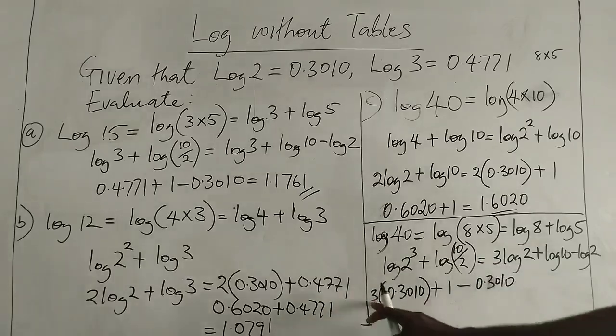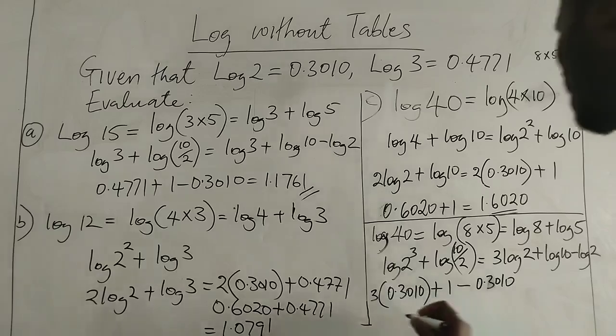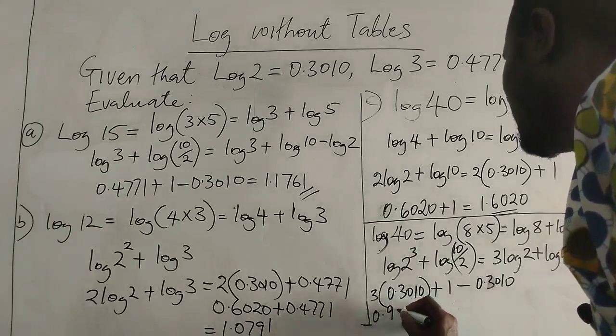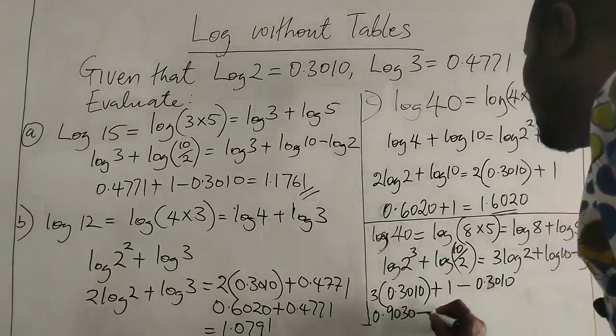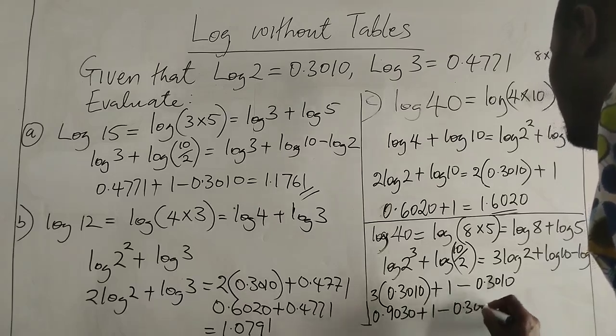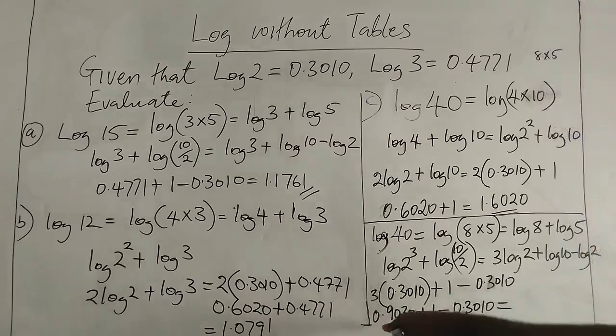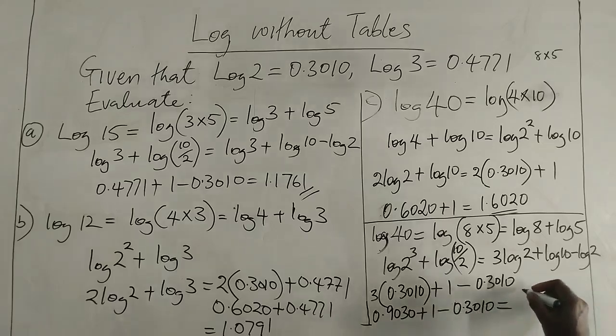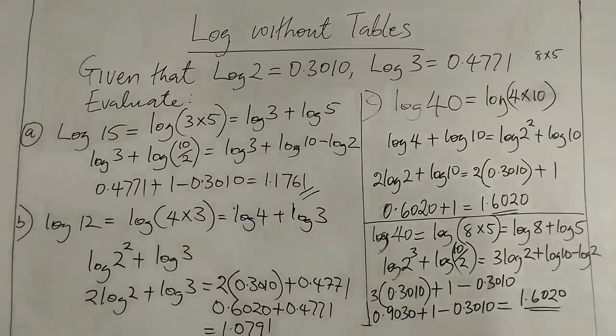Of course, when you multiply this, you have 0.9030 plus 1 minus 0.3010. And if you add this to 1 and then subtract 0.3010, you will arrive at 1.6020 as your final answer.